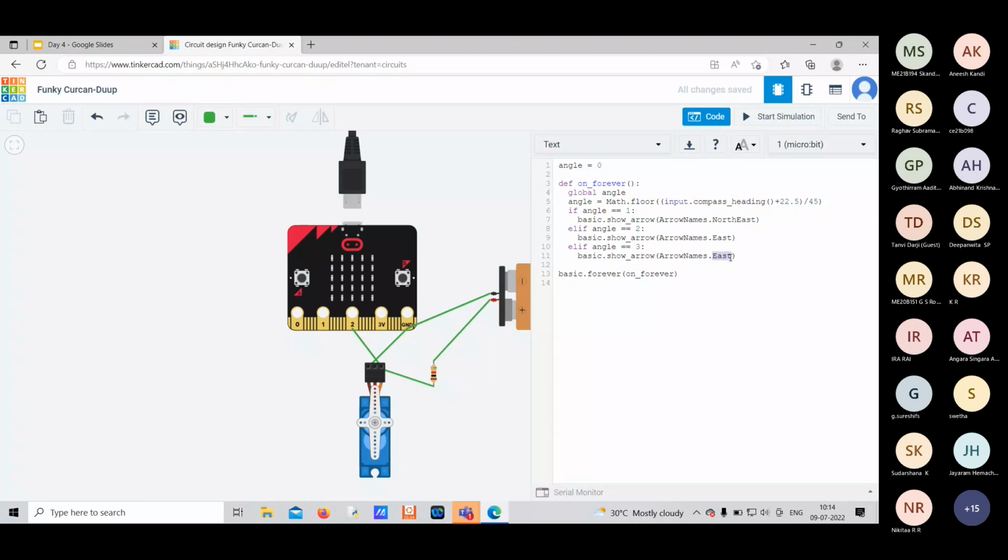southeast. It becomes south. This is southwest.